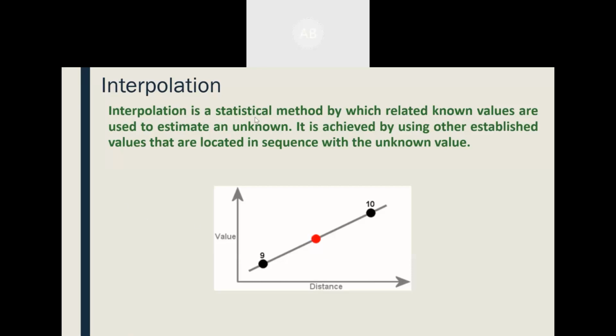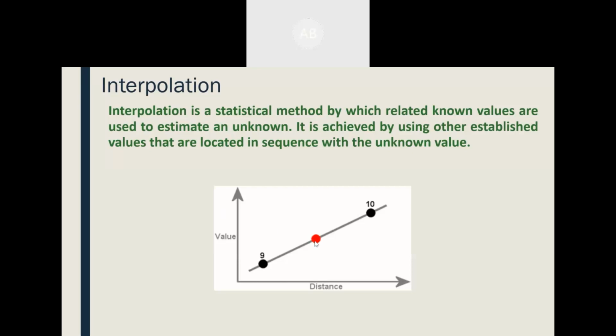Interpolation is the statistical method by which related known values are used to estimate an unknown. So in this case, what are the related known values? We know the value of x and the value of y at point 9. At point 10 also we know the value of x and the value of y.